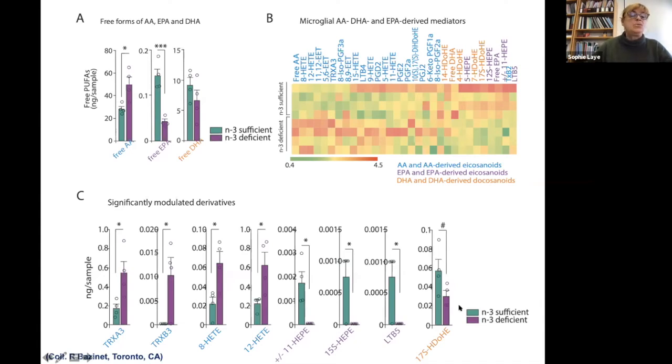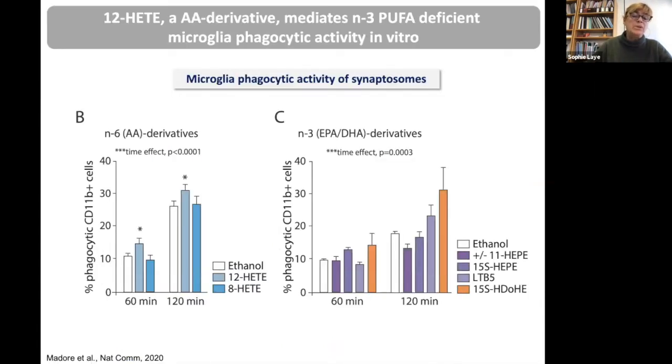So we decided to study whether those oxylipins could be involved in the hyperphagocytic activity of microglia. First we did some in vitro experiments where we exposed microglia in culture to several of those compounds, especially the HETEs coming from arachidonic acid, so pro-inflammatory, and the other forms coming from the omega-3, DHA and EPA.